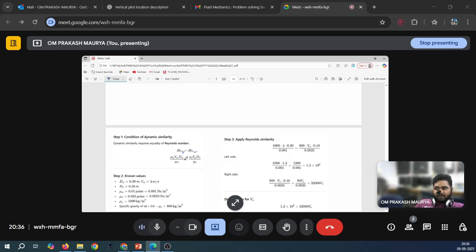All data you have: rho of water, rho of oil, velocity of water, diameter of the water pipe, and diameter of the oil pipe, 10 centimeter. You need to find the velocity of oil. You have the dynamic viscosity of water and oil in poise. So very easily you can calculate.